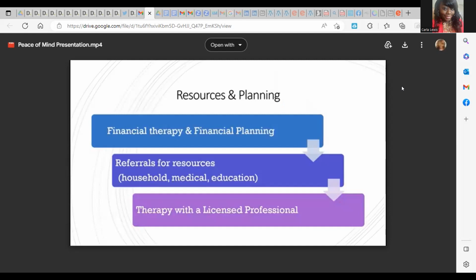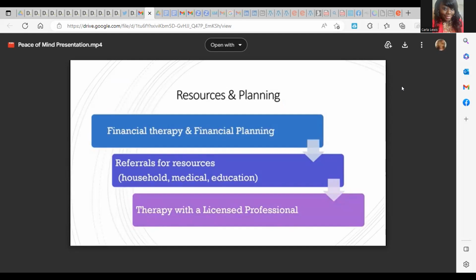Next, we'll move on to resources and planning. So for financial therapy and financial planning, my husband and I offer financial therapy. Therapy is different from financial advising.